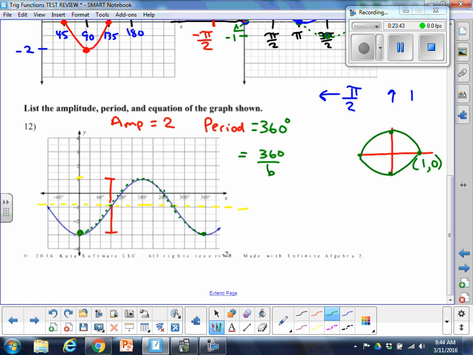So this is a negative cosine curve. We know the amplitude we said was 2. Okay, and then basically our period being 1 means that there's no b value in there, it's just theta. And then notice where the yellow dotted shift was actually a downward shift of 1. Okay, so that should be our equation. Okay, so just kind of piece it together, and hopefully that helps.